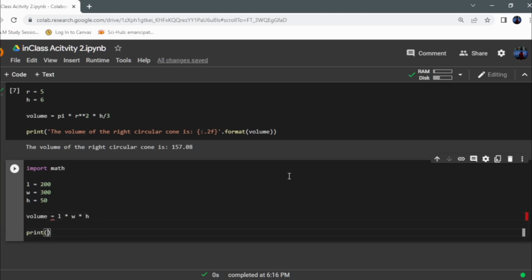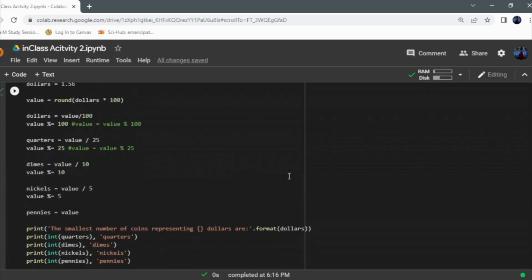Print the volume of the open top box is, cm, format.